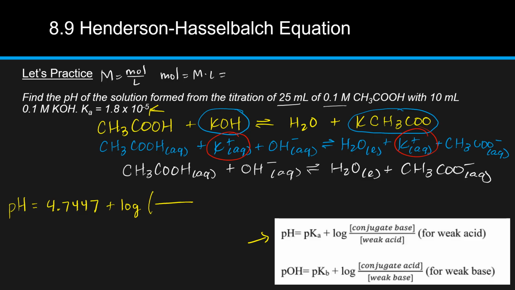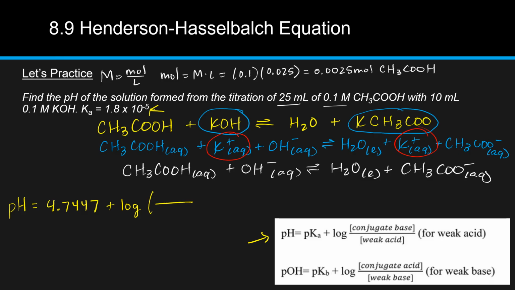So for acetic acid, I have a concentration of 0.1, and I have 25 milliliters or 0.025 liters. So that's going to give me 0.0025 moles of acetic acid.